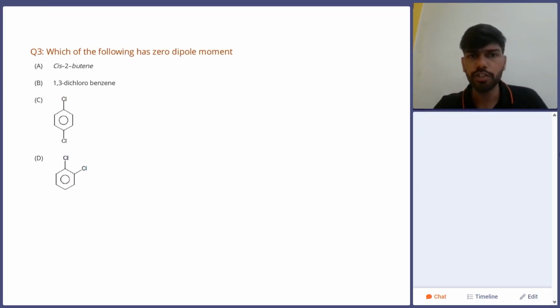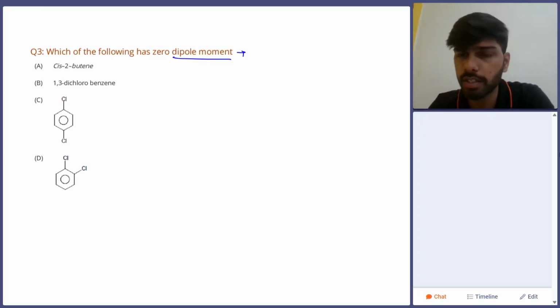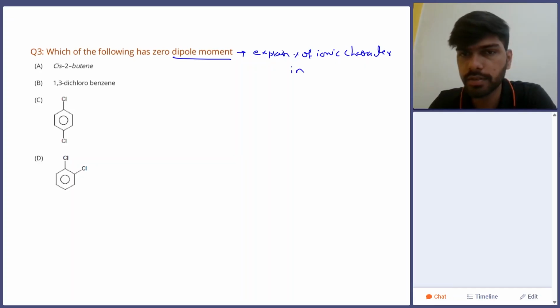Next, which of the following has zero dipole moment? Dipole moment explains the percentage of ionic character in covalent compounds, whether they are polar or non-polar.